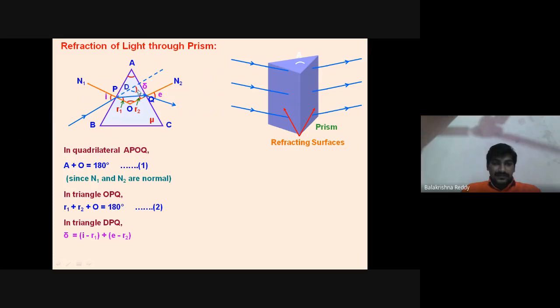This is an exterior angle, and in comparison, these two are alternate exterior angles.